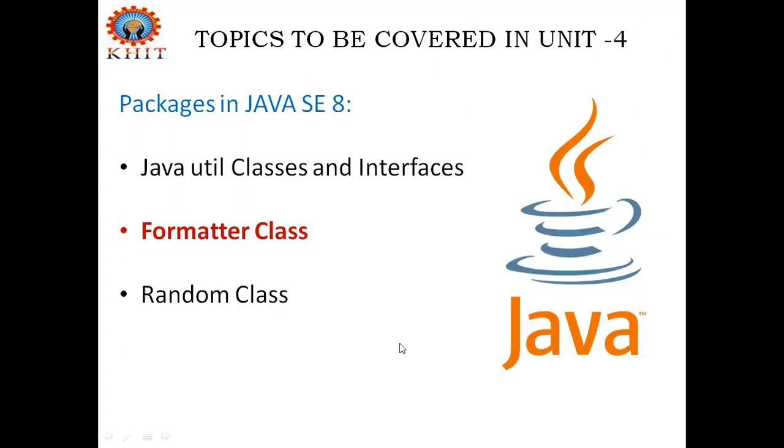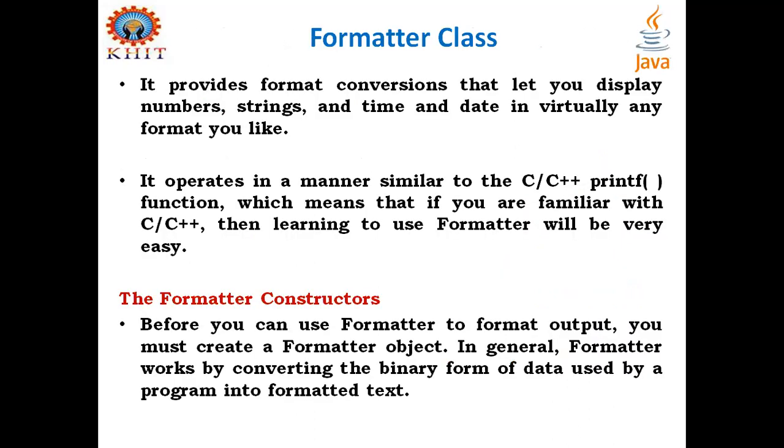So these are some basic and important key points about this java.util package's classes and interfaces. Next, let's go to another class of the util package, the Formatter class. It provides format conversions, right? Why do we need conversions of these formats, specifically at the output?